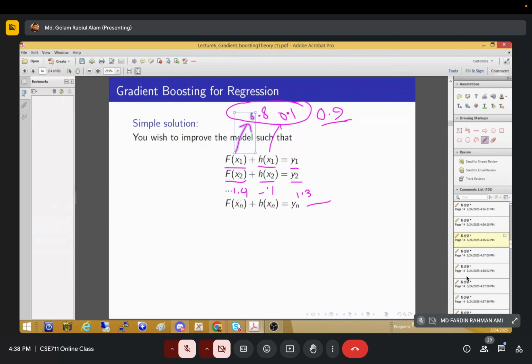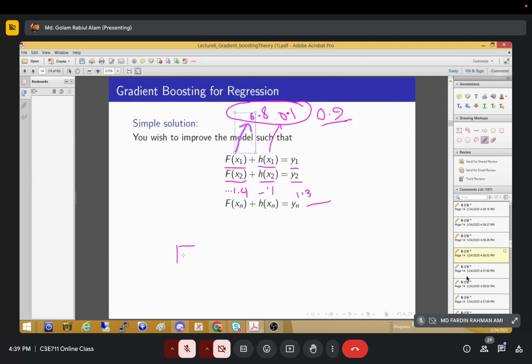Okay. Now, that means we can build maybe just one model. But if we build just one additional model, the accuracy of the prediction may also not be good, or we can say there are still some errors. Then what we can do again, we can build up maybe another model.